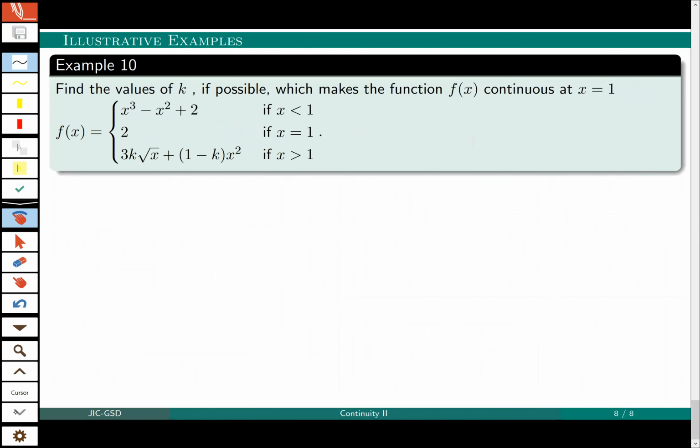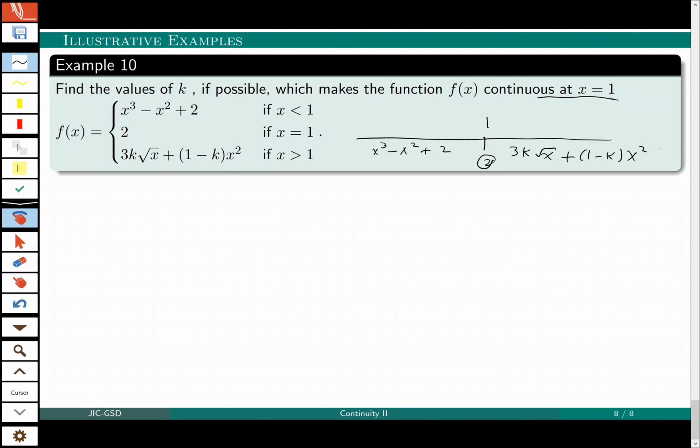Now, the last question in this part: we want to find the value of k that makes the function continuous at 1. So here is what we have, this is 1. Before 1, it's x cubed minus x squared plus 2. At 1, it is equal to 2. When it is more than 1, it's 3k square root of x plus 1 minus k times x squared.